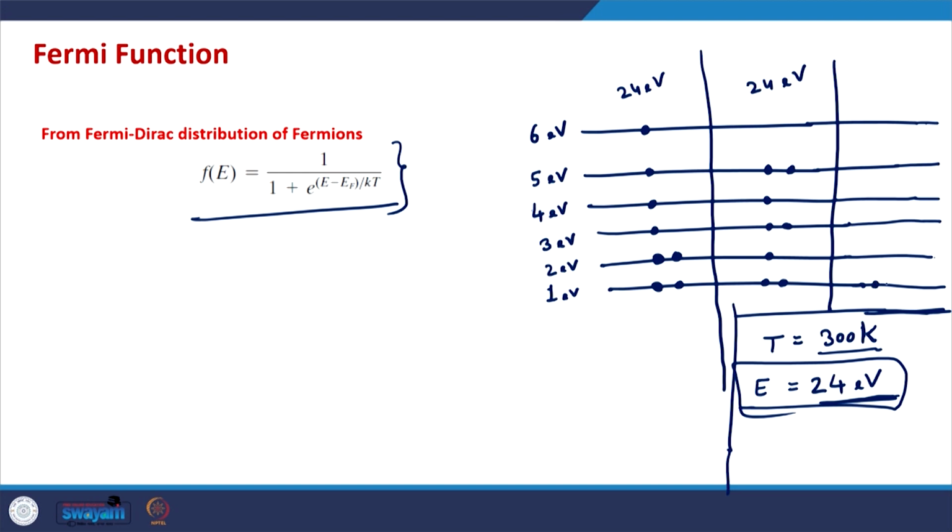It could be 2 electrons here, 2 here. That would make energy 2 plus 4, 6, plus 4, 10, plus 6, 16.